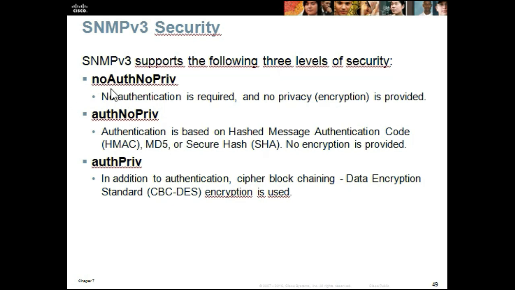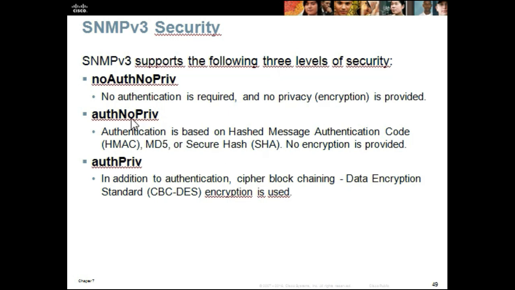So one, this is called no authentication and no privacy lah. So maksudnya there is no setting, you do not want lah. That means you trust your network and there is no authentication required and no encryption provided. Okay, the next level is authentication and no privacy. In this case, we only need authentication, and the authentication is based on a hash message authentication code, MD5 or secure hash.